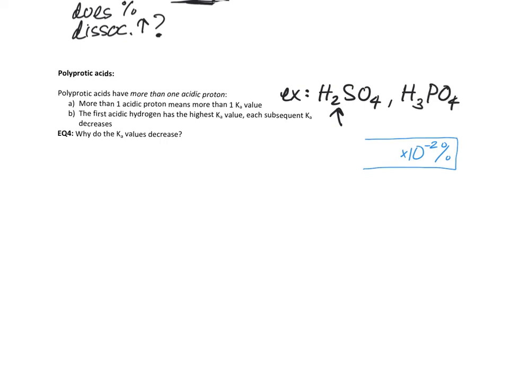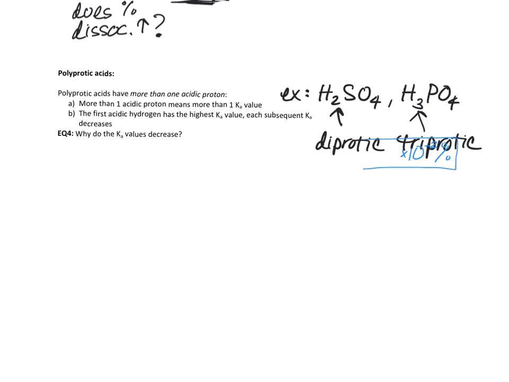That's phosphoric acid. This has 3 acidic protons. This first one is called a diprotic acid, diprotic. And the next one is called a triprotic. All right, so we have more than one acidic proton.